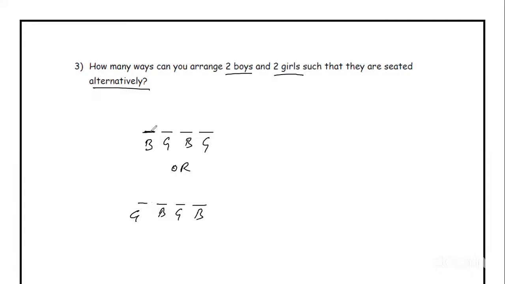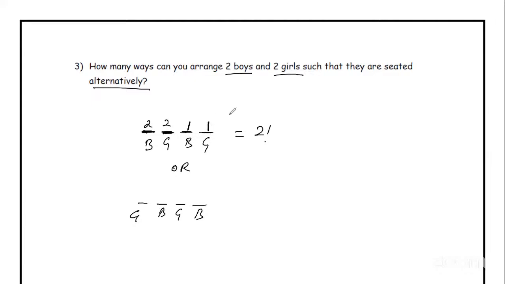If I start with a boy, then for this dash, any of the 2 boys can come here. One boy takes this dash, so there's only 1 boy remaining, so 2 into 1. That 2 into 1, I can call it 2 factorial. And same thing for the girls. The first dash, I have 2 girls, so 2 options. One girl takes this dash, so for the second dash for the girls, there's only 1 girl remaining.